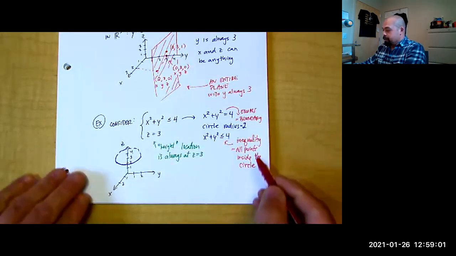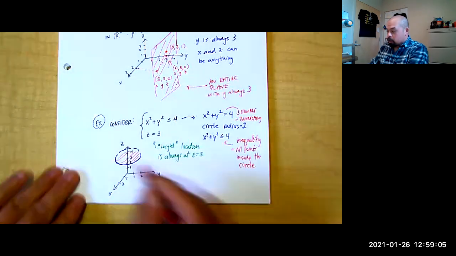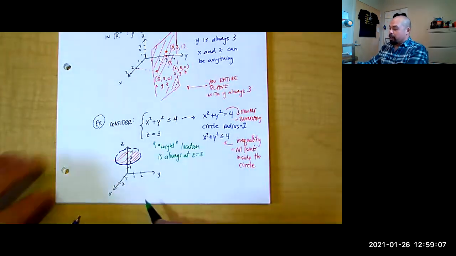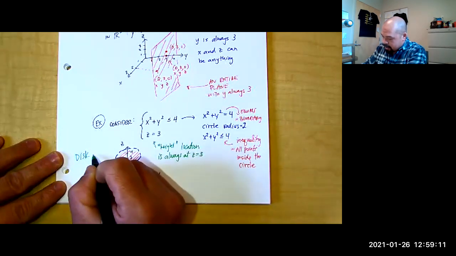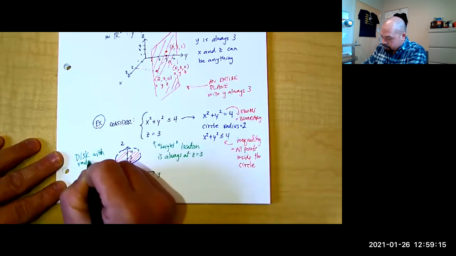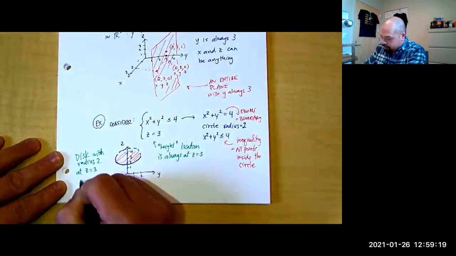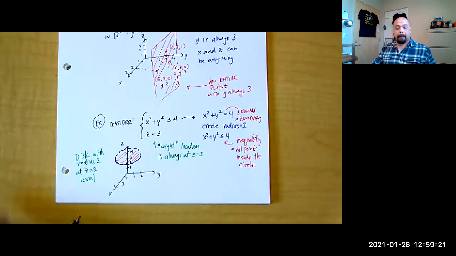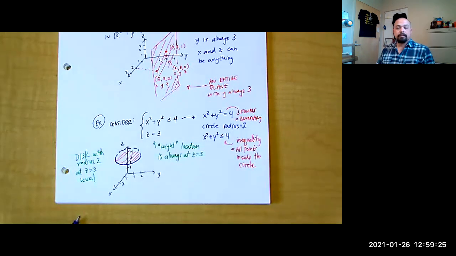And then that less than or equal to inequality makes us imagine filling in. So in the end, we're going to get this kind of disk, right, with radius 2 at that z equals 3 level, I'll call it. All right, so we have this hovering disk above the xy plane.